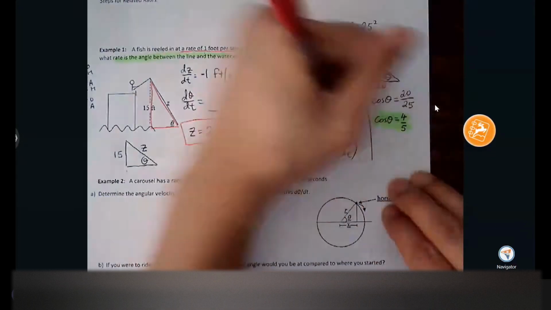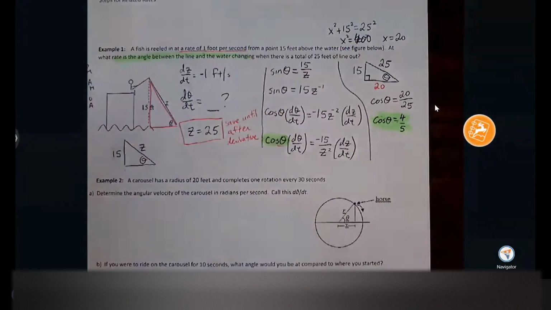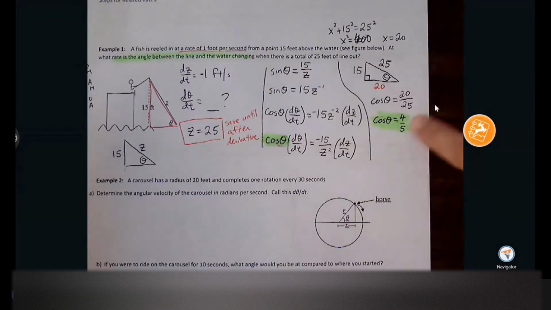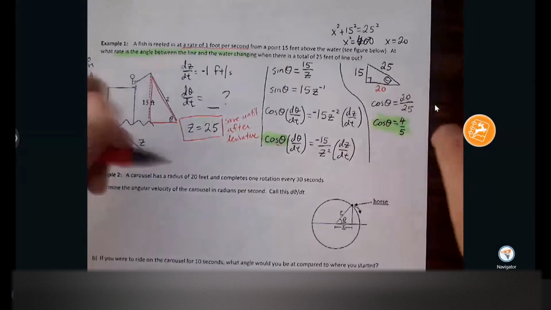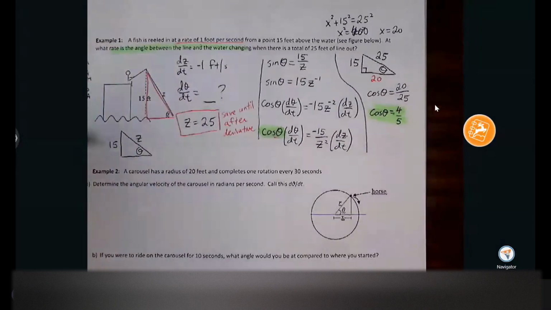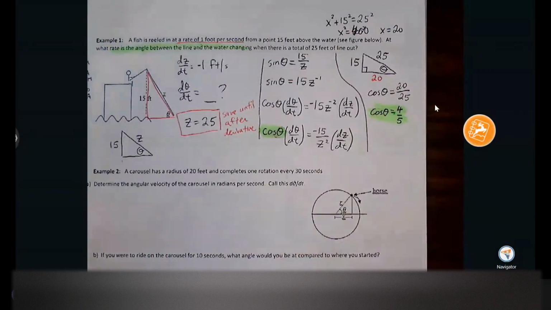So when you get to this step, just understand that you want this entire trig function to go away, whether sine theta, cosine theta, tangent theta, secant square theta. We want that whole thing to go away and replace it with a fraction. We don't want to just replace theta, because it's too much trouble, and we have a much faster way of getting to the answer if we just replace the entire trig function.